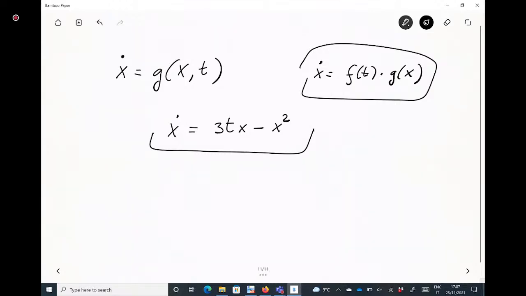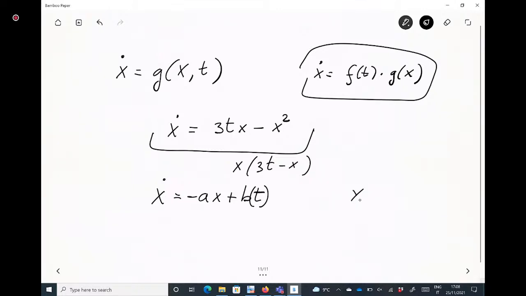No. There is a factor that depends on t, it multiplies this one, but then I could write x that multiplies 3t, but then minus x. So I cannot find a factor that depends on x times a factor that depends on t, and rewrite this in this way. Okay. Then this one, x dot equal to ax plus b of t. This is not separable. Okay?